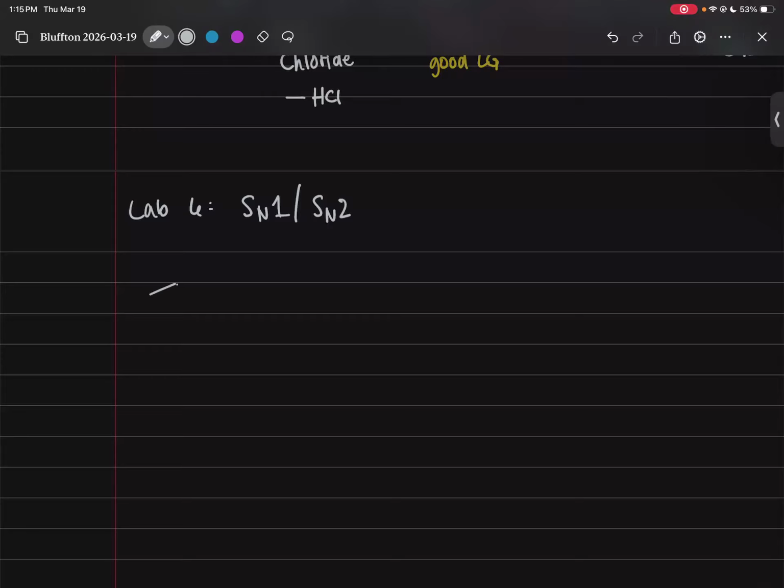Let's say we have tertiary pentanol. I think in the lab, this is tert-amyl alcohol.